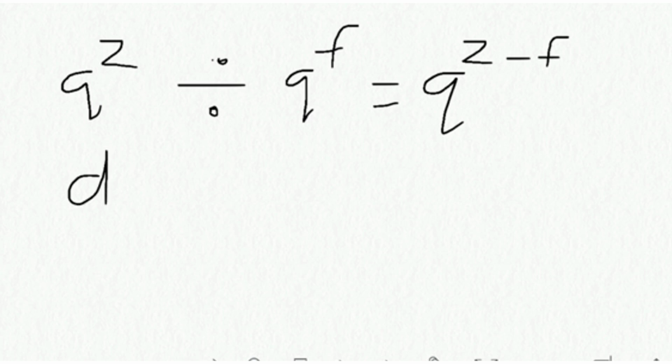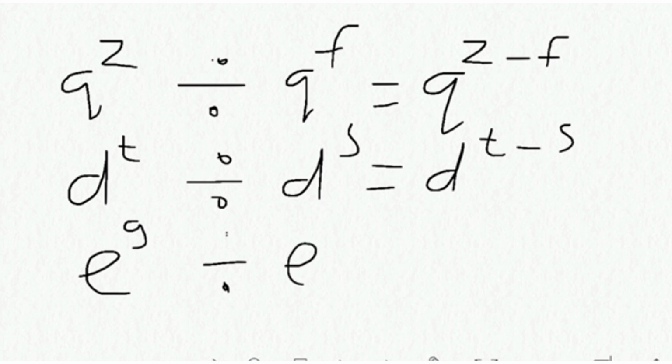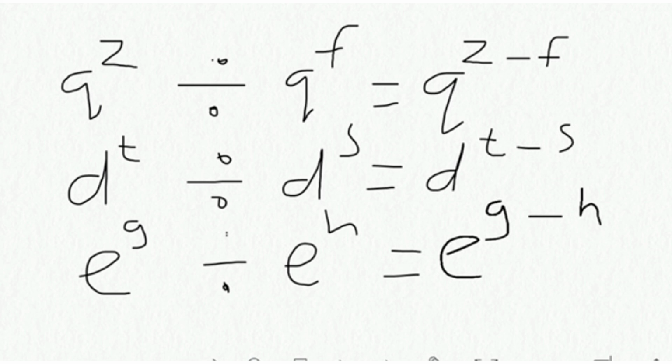G to power t divided by G to power s is equal to G to power t minus s. E to power g divided by E to power h is equal to E to power g minus h.